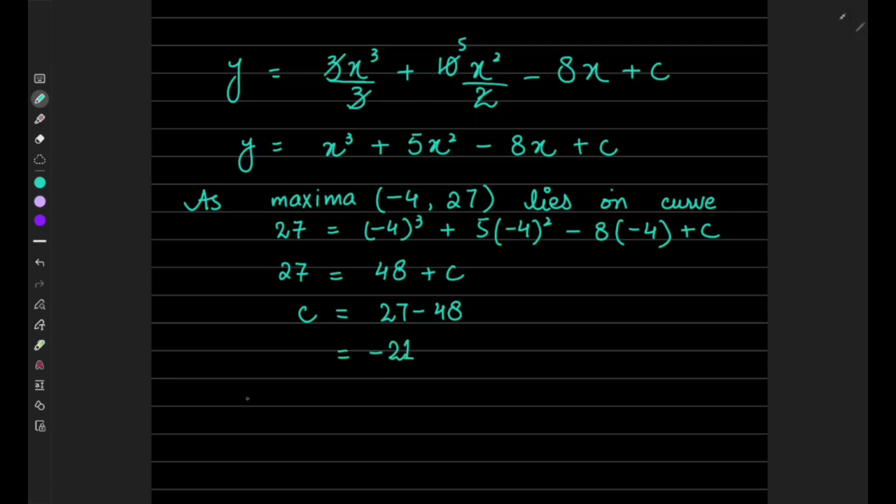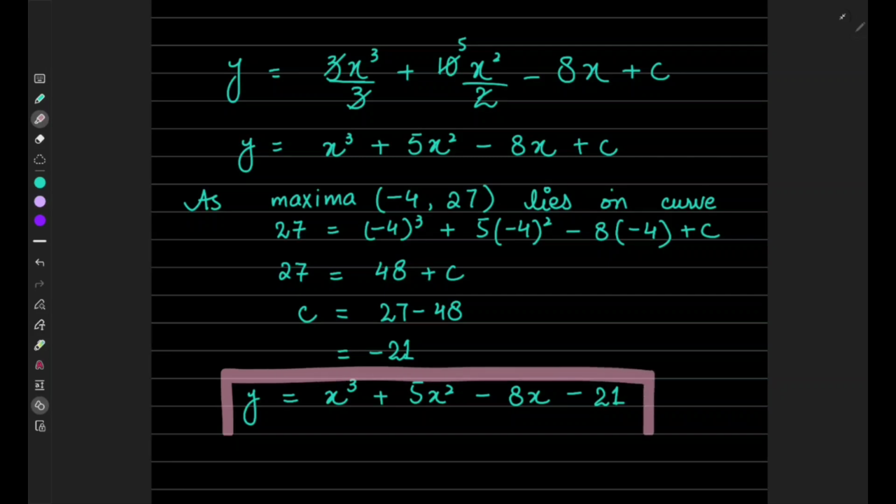So rewriting our equation of the curve, y will be equal to x cubed plus 5x squared minus 8x minus 21. So this is your final equation of the curve.